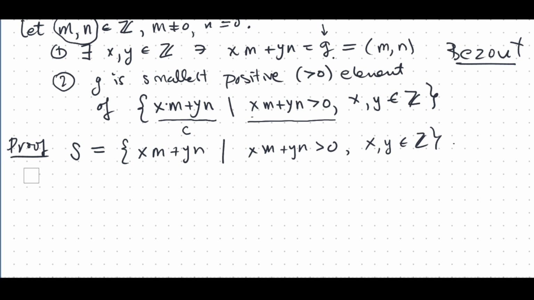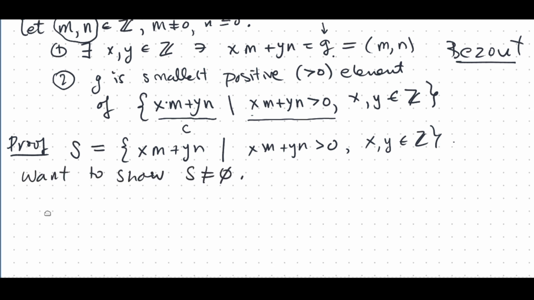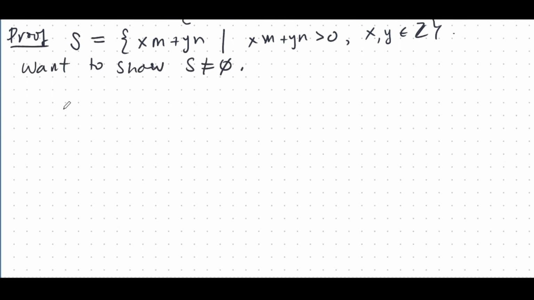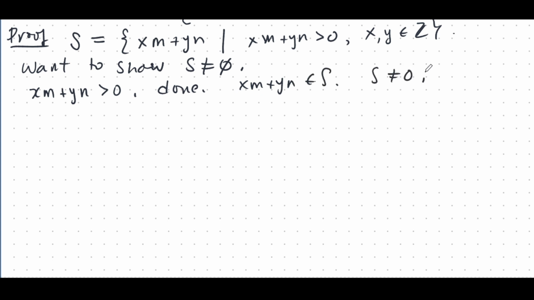We want to show that S is not the empty set. All right, that's not too hard. So suppose that this combination xm plus yn is greater than 0. Okay, we're done. Then xm plus yn is an element of S, and S is not empty.